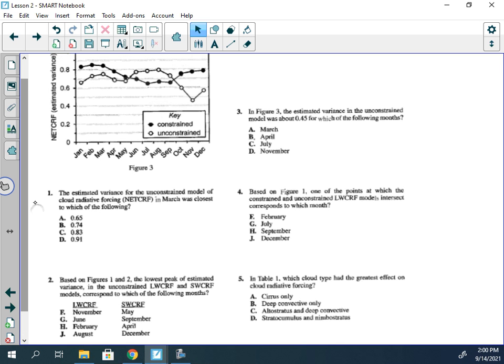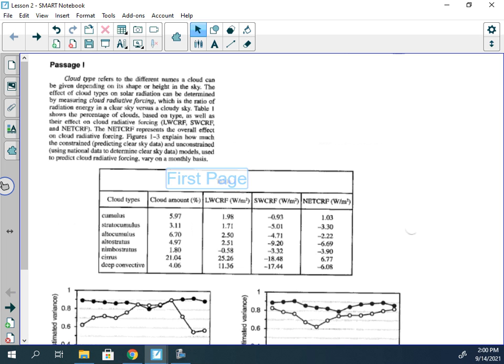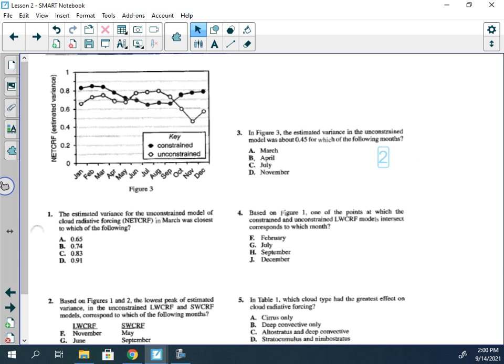Well, NET-CRF. And we're also talking about unconstrained. Is that going to be figures 1, 2, or 3? Right, because figure 1 is LWCRF, figure 2 is SWCRF. The only one that actually talks about NET-CRF is figure 3.